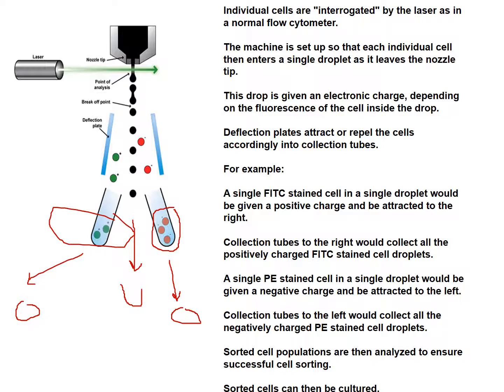And so you can further fine-tune exactly what the cells are within that tumor or condition or situation, okay? So fluorescence, activation, there's a charge here, deflection, collection, and then cell cultures at this point. Okay.